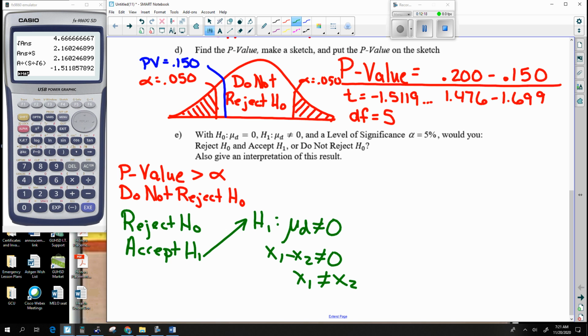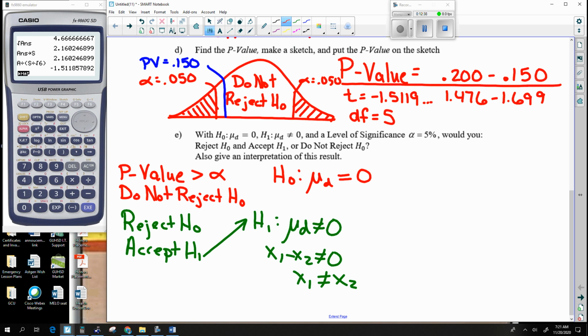Here, we're not rejecting H naught. So we're in essence taking the answer that is H naught. H naught says mu of D is equal to 0.